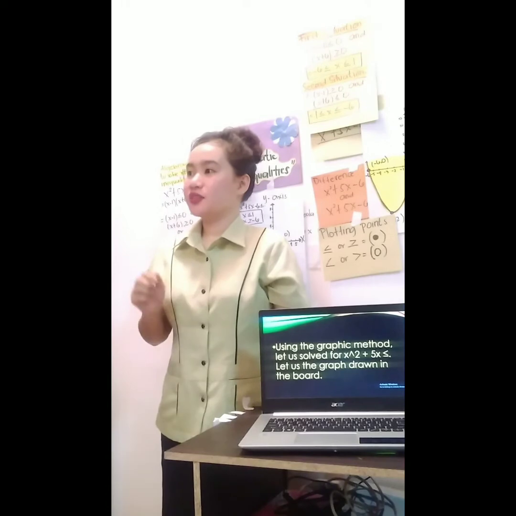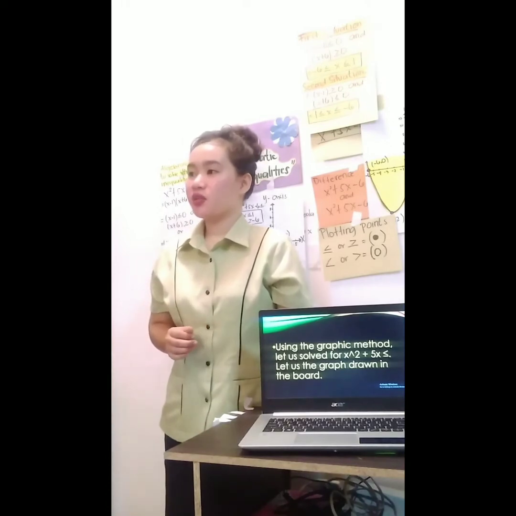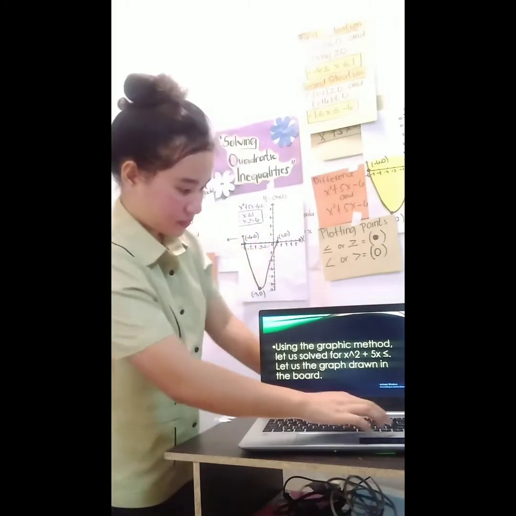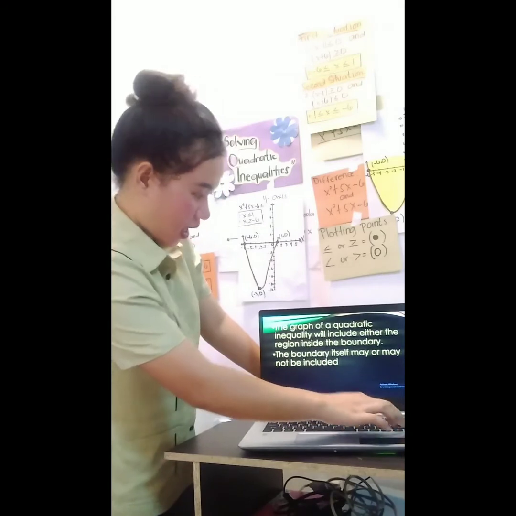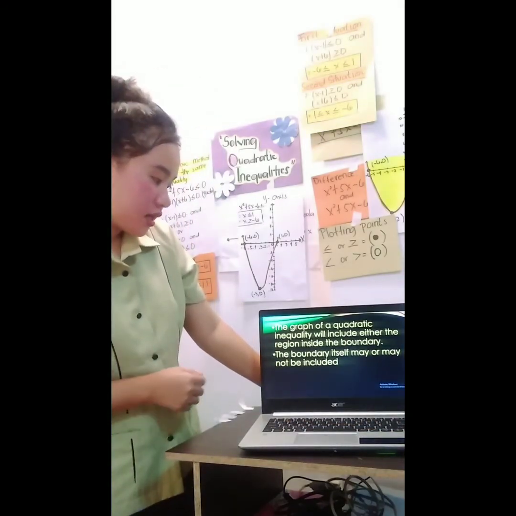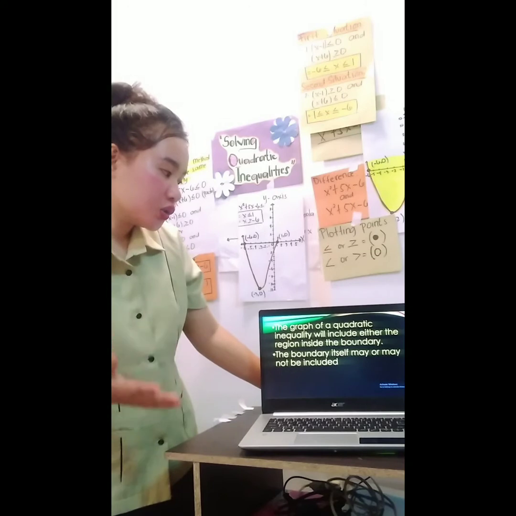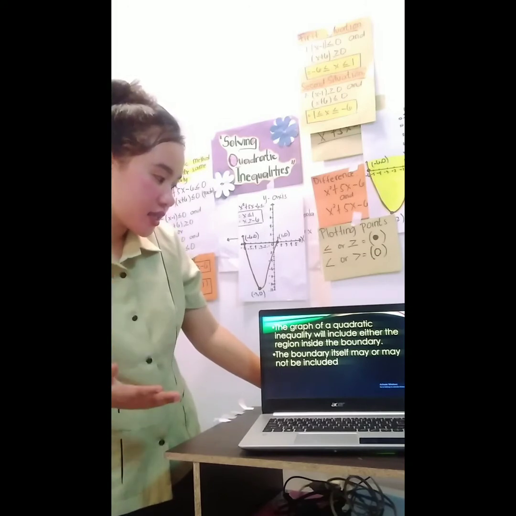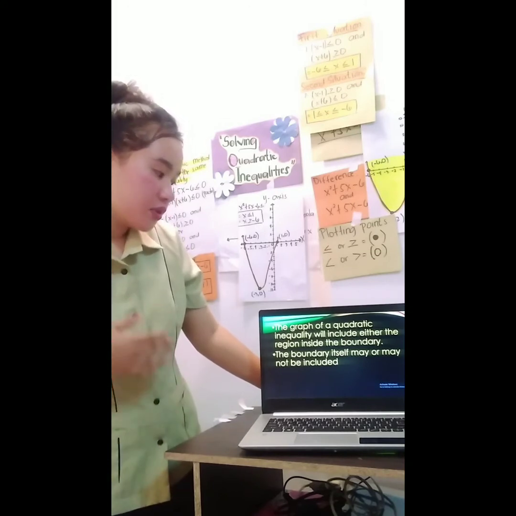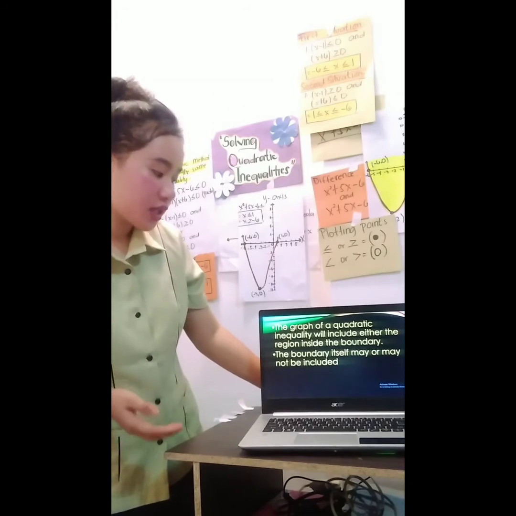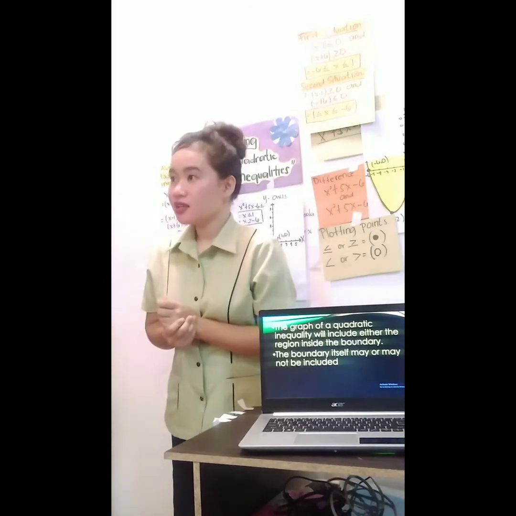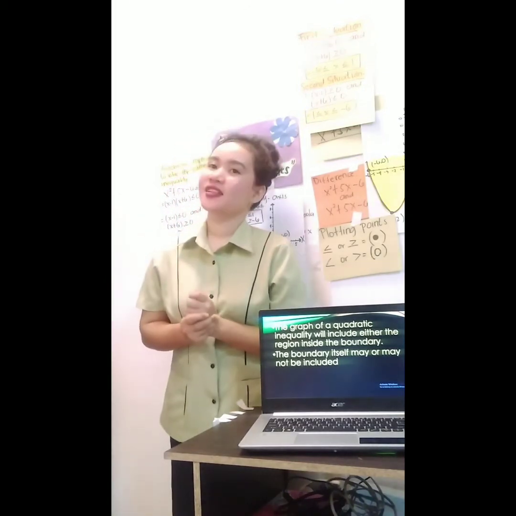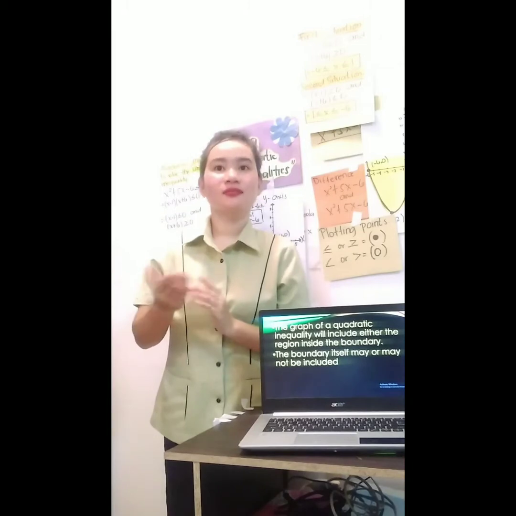Using either the graphic or the algebraic method, we arrive at the same answer. The graph of a quadratic inequality will include either the region inside or outside the boundary. The boundary itself may or may not be included. So, is it clear? Do you have any questions?